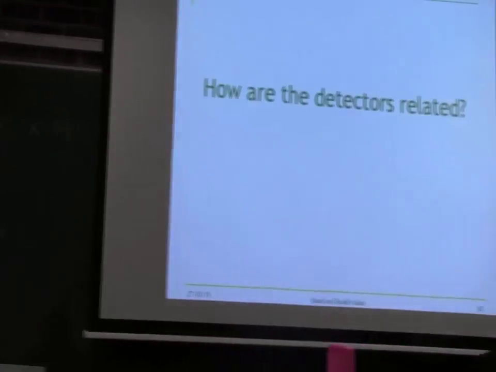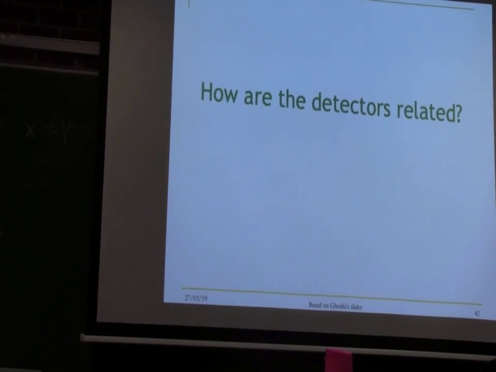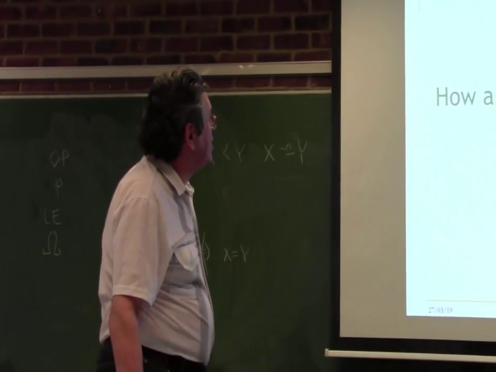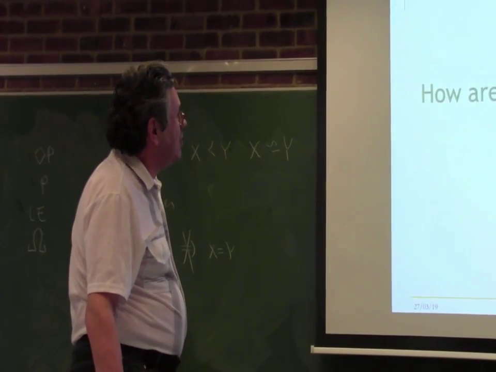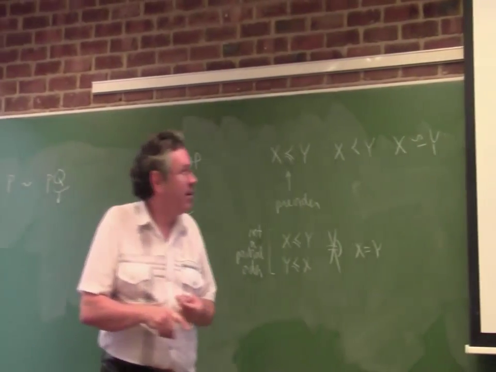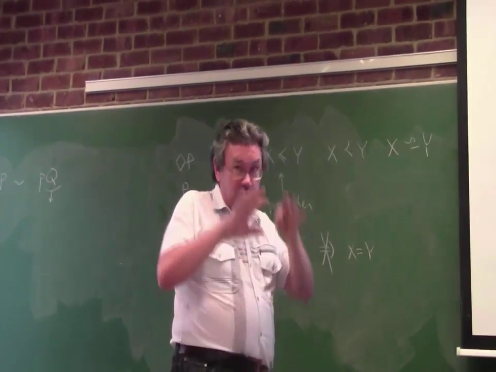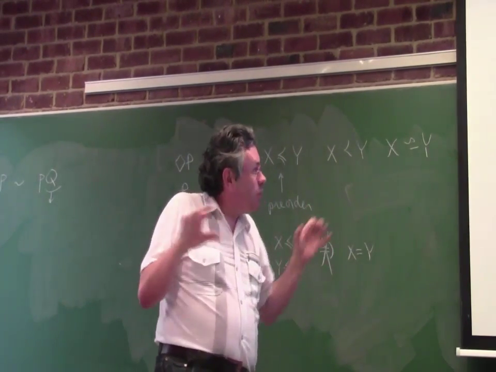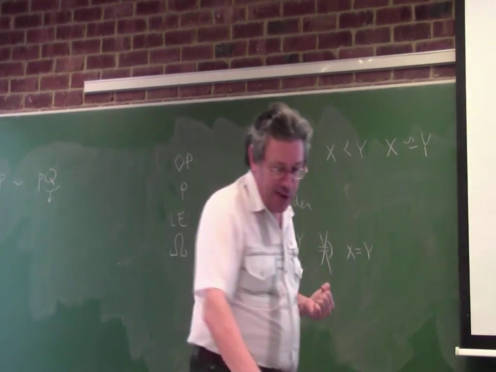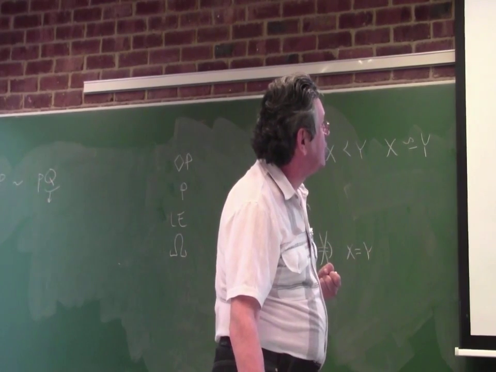So with this, I want to play a little game now. I want to play a game and connect the detectors we saw before. We saw a bunch of detectors: strong, eventually strong, P, eventually P. So I just want to play a game to get some practice in thinking about how these problems connect to each other.